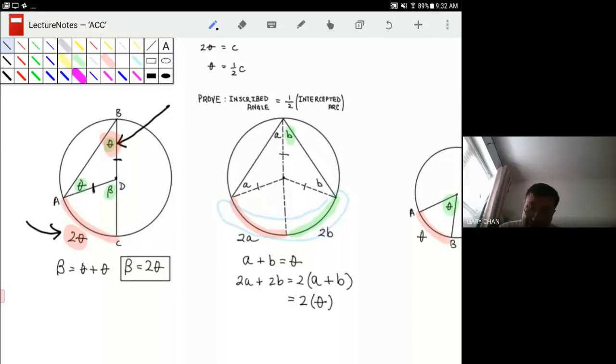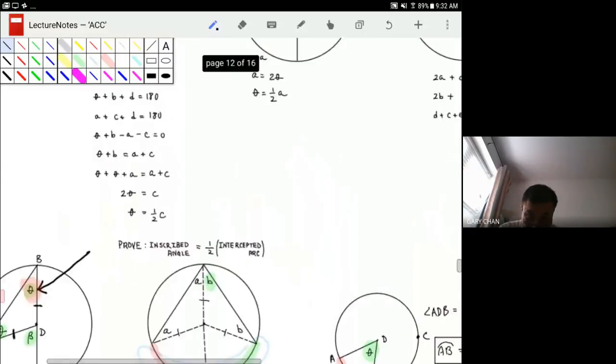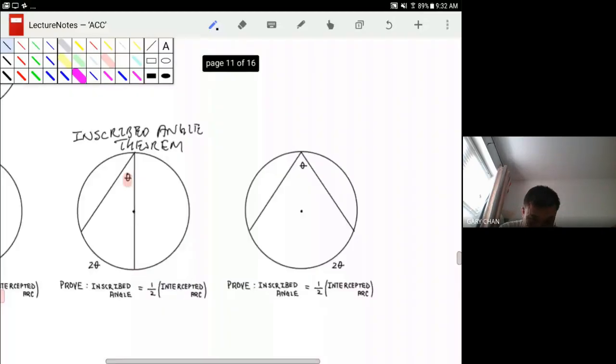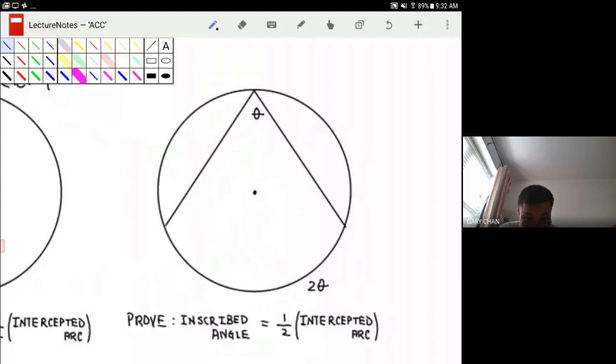This is the inscribed angle theorem, okay? That's the relationship. We just did that in like 5 minutes. Well, maybe 10. So this angle and this angle have that ratio.